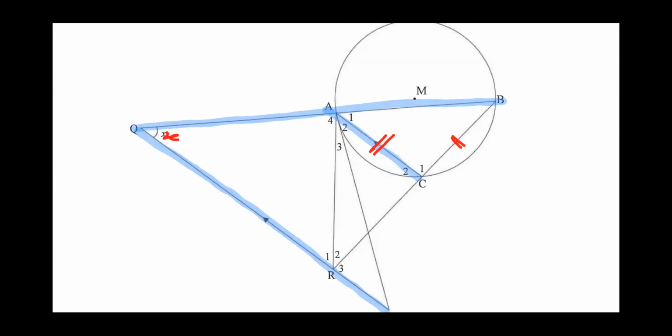So I'm using my parallel lines to produce corresponding angles. So angle A1 is equal to angle Q because they are corresponding angles. Notice this is the F in the parallel lines. You know, those 3 principles: corresponding, alternate, and co-interior.